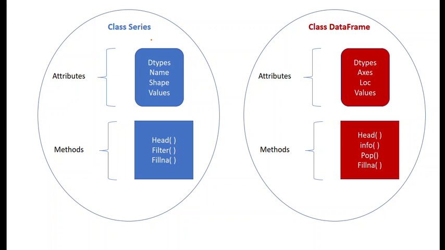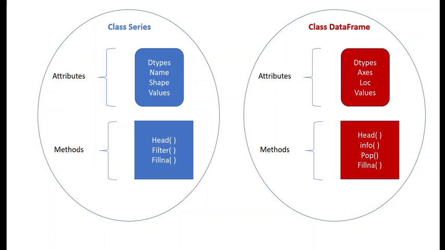So for example, with the class Series, we have certain attributes like the dtypes attribute, which basically gives you the data type of the column you are dealing with. Name, which is the name of the Series or the column. Shape, for example. Values, right?